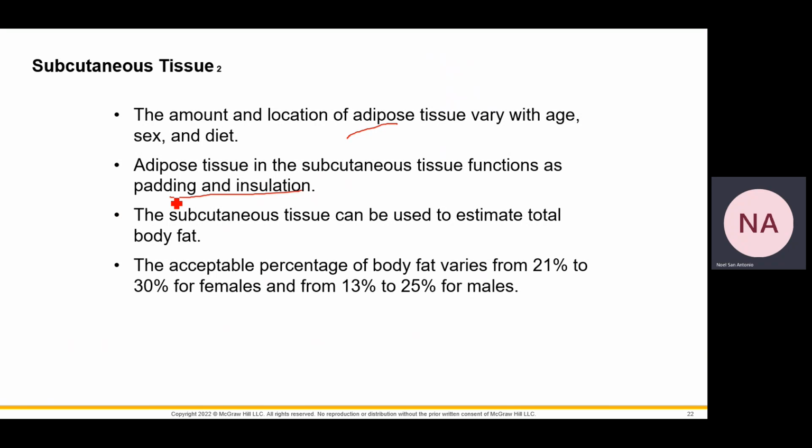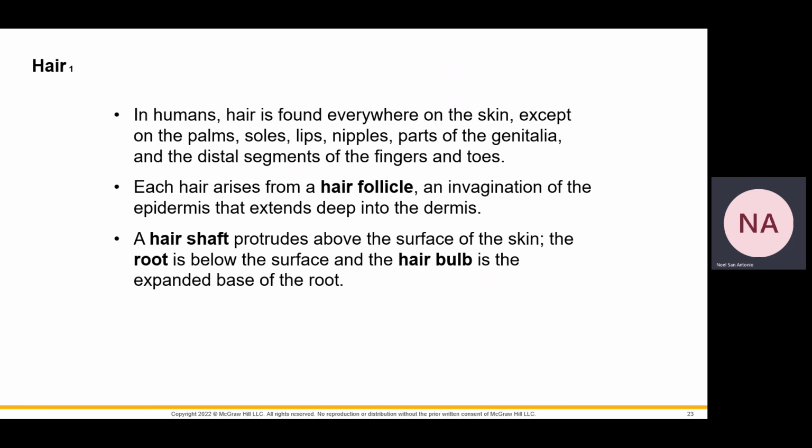Aside from computing your body mass index, no, yung subcutaneous tissue, pwede mong magamit sa pag-estimate ng total body fats. Okay? So we're finished with subcutaneous tissue. So again, the skin has two main layers, the epidermis and the dermis, and right beneath that is a subcutaneous tissue that attaches the skin to the underlying muscles and bones and also supplying it with blood vessels.